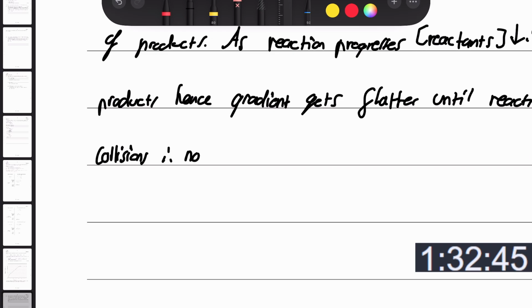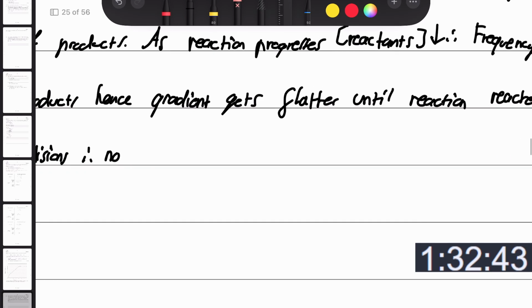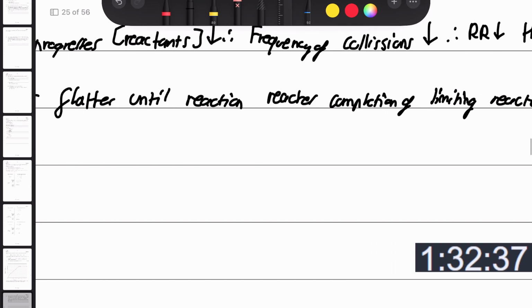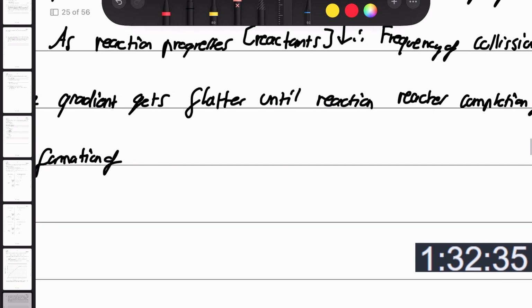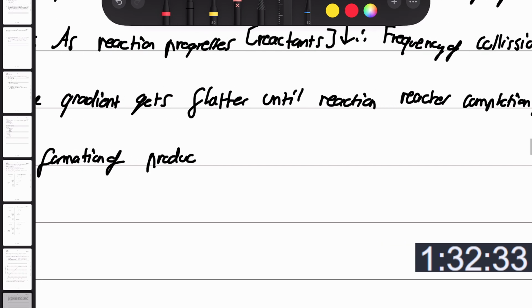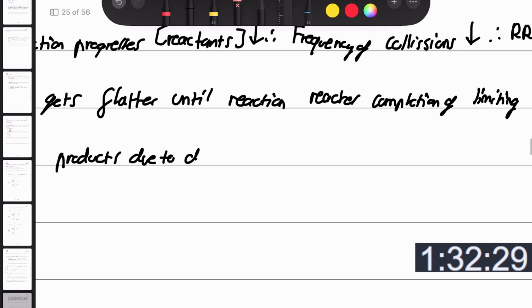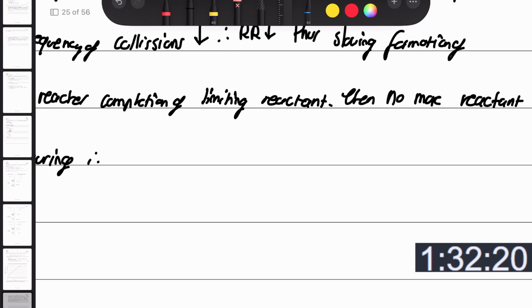Therefore, no formation of products due to no reactions occurring. Therefore, zero gradient.